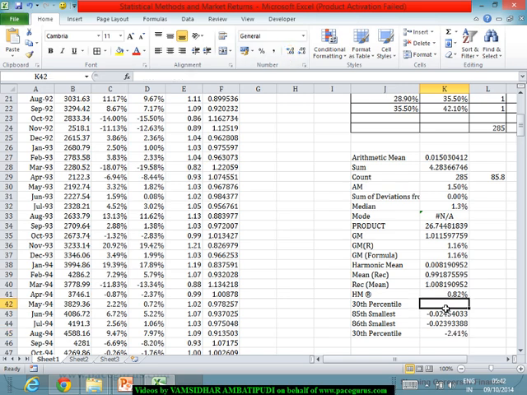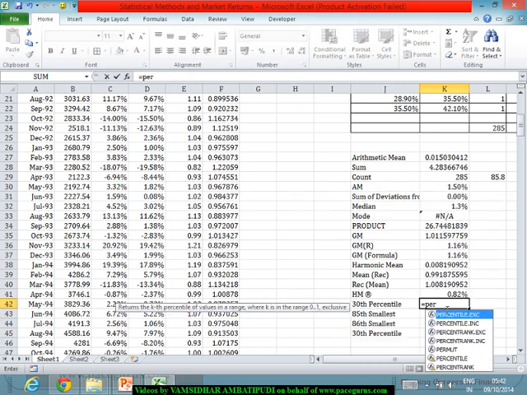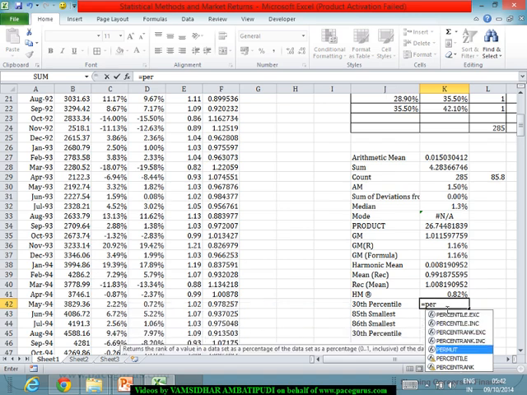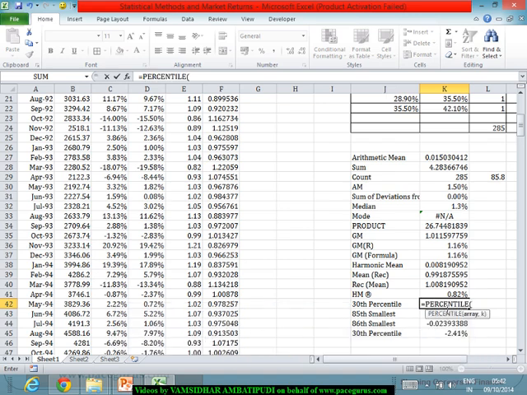So probably I could even directly use the percentile as a formula. In this particular data, let's say I want the 30th percentile.